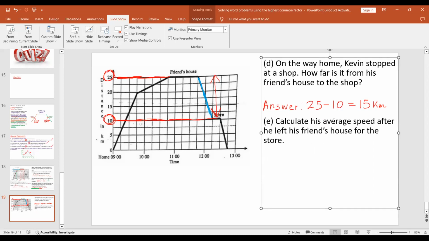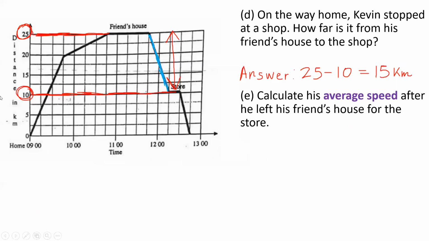Now, does anyone remember the formula for average speed? Distance divided by time. If we remember the speed-distance-time triangle, distance is on top, speed is to the side, and time is at the bottom.